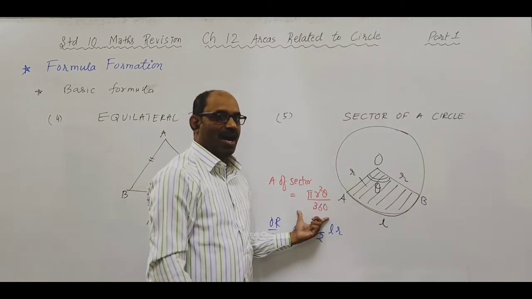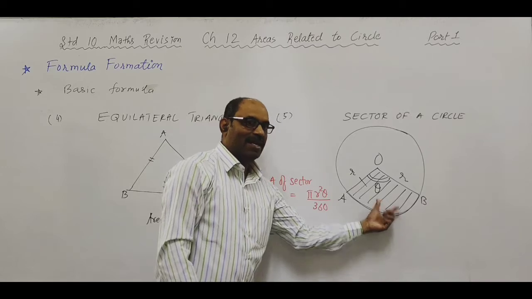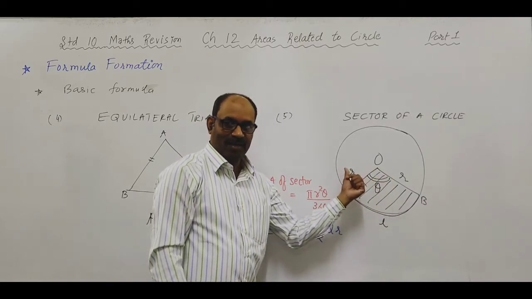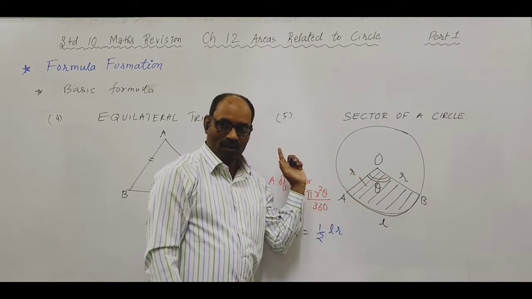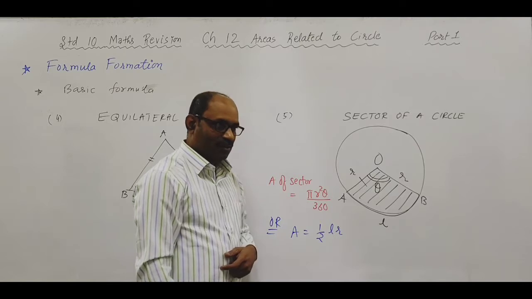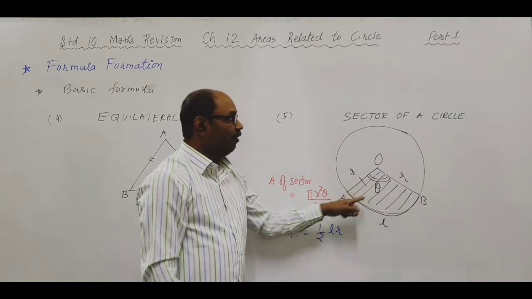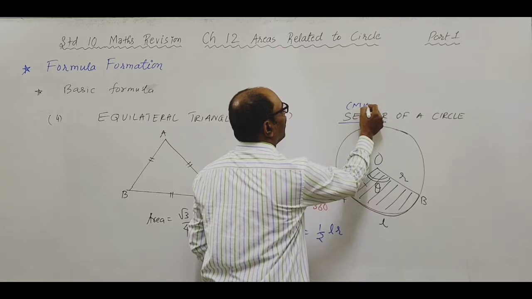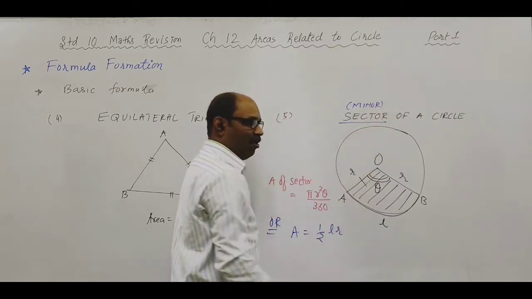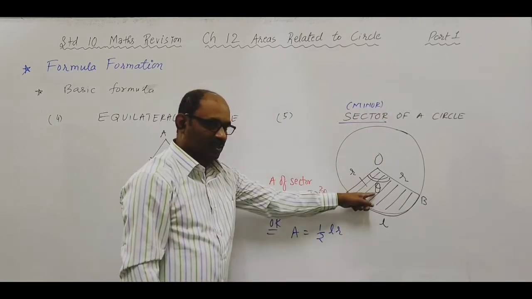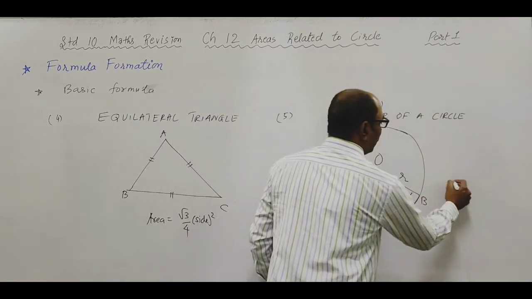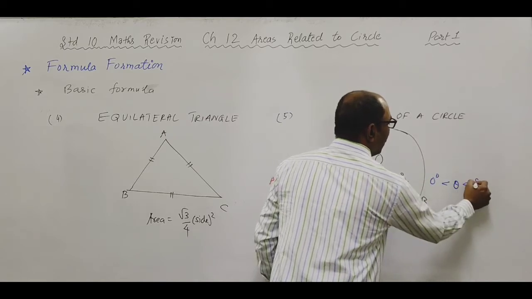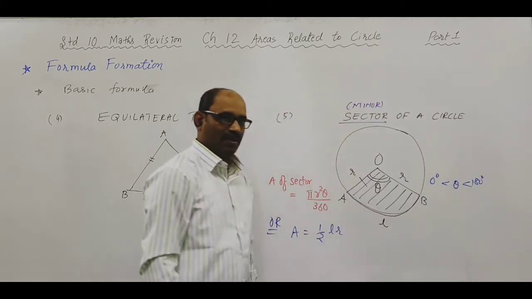In the first formula, angle subtended by minor arc at the center. That is involved. Is that clear? Understood? So area of sector. वो भी कौन सा sector? सिर्फ minor sector की बात कर रहे हैं हम लोग. We are talking about minor sector, where this theta is greater than 0 degree and less than 180 degree.